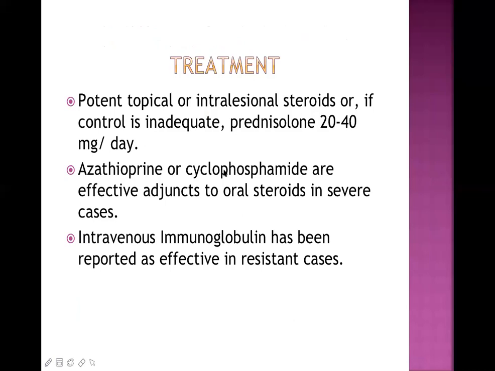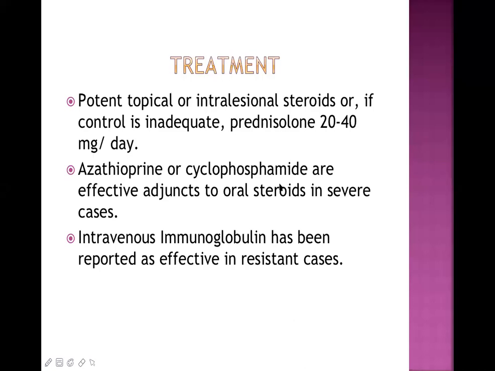Now treatment, a bit similar to pemphigus vulgaris. In this condition, potent topical or intralesional steroids or oral steroids can be used. Depends. If the affected skin is not that extensive, then we can go for potent topical or intralesional steroid, and if it is extensive, then you can go for systemic or oral.